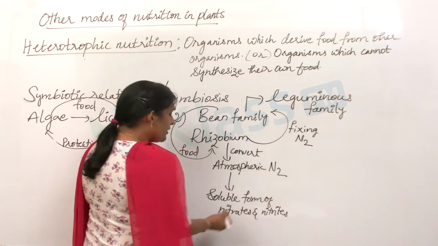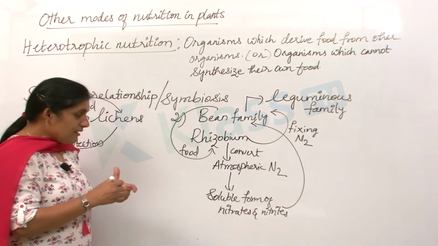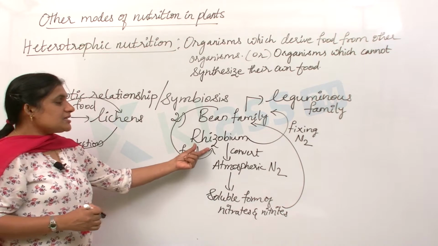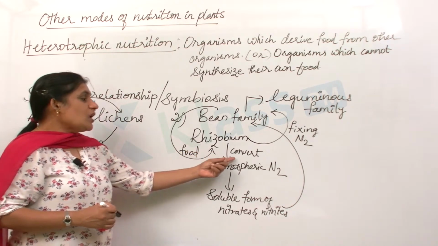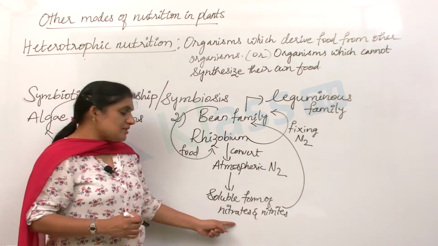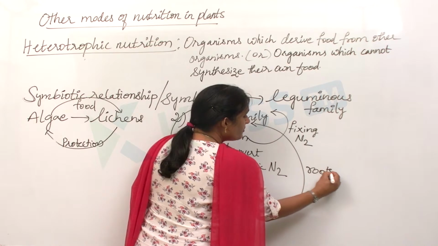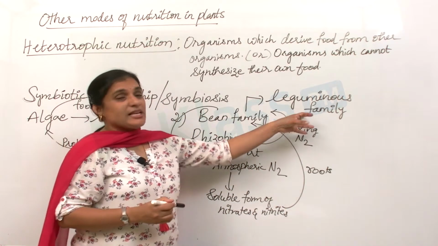And where do these soluble nitrates and nitrites go? They are taken up by the bean family. The Rhizobium bacteria will convert the atmospheric nitrogen into soluble nitrates and nitrites, which are taken up by the roots of the bean family, or you can say the leguminous family.